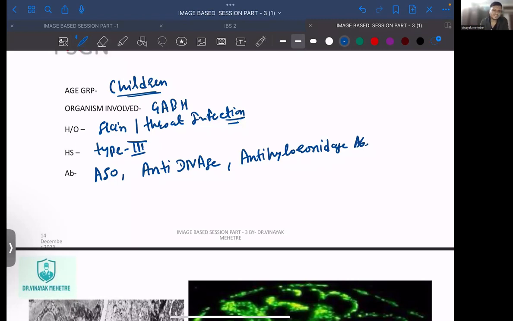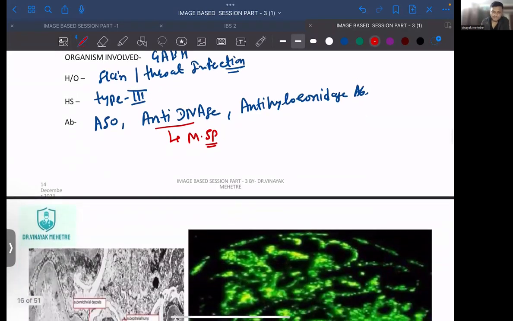Which is the most specific from these three? Most specific. This is the most specific, that is anti-DNase. Okay, anti-DNase. There is confusion, and this will come in the paper.